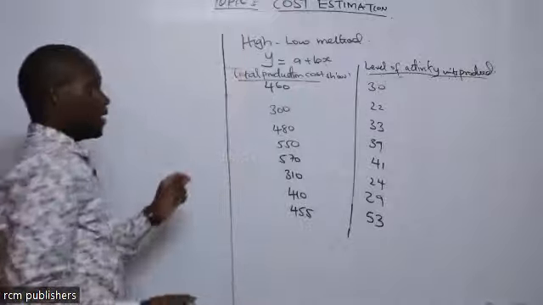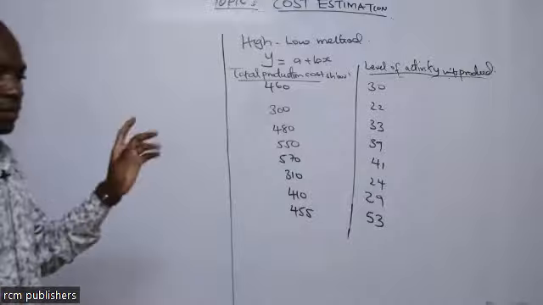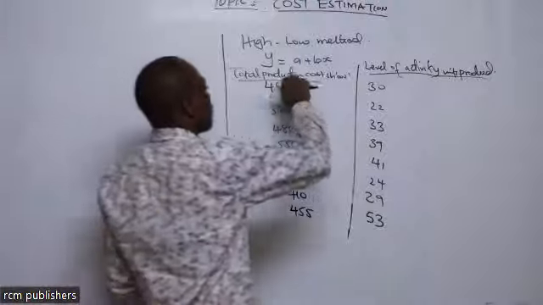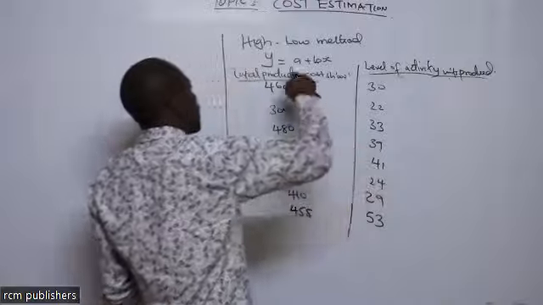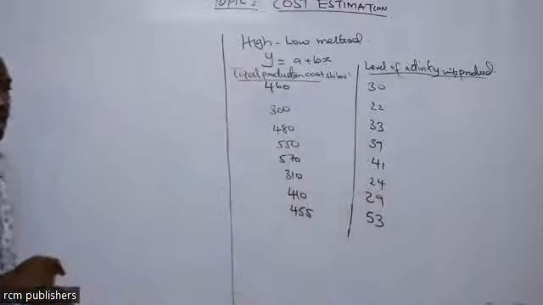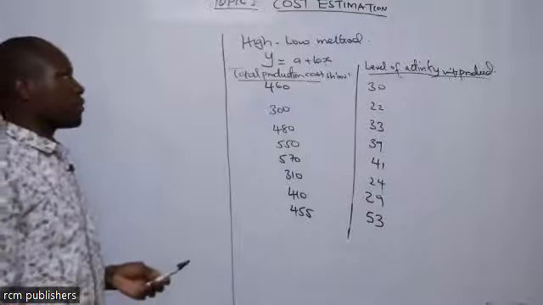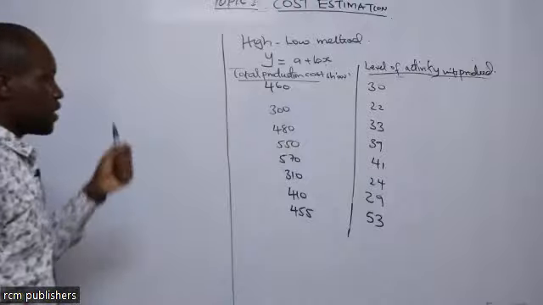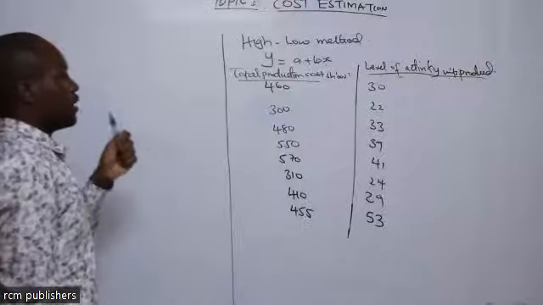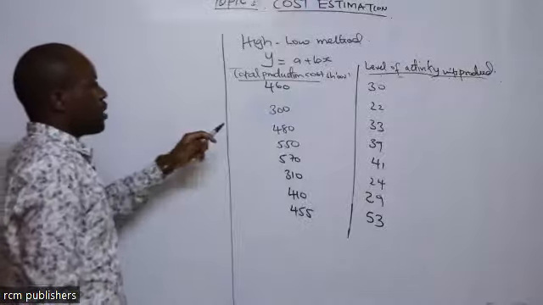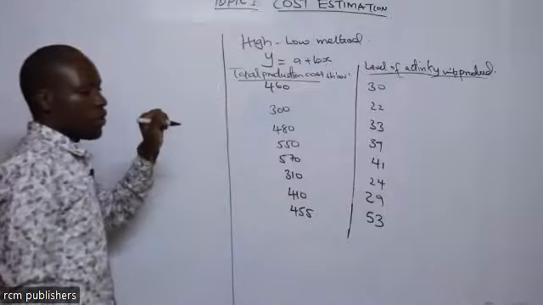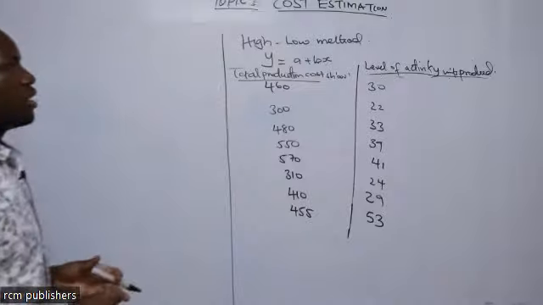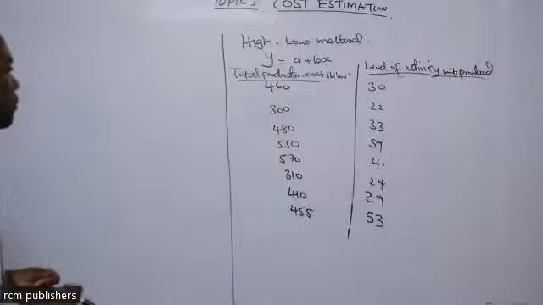So if that kind of information is given, you first of all have to convert the column titles here to either Y or X. So can someone help us identify what column are we going to change to Y and which other column are we going to change to X? And maybe give a reason if possible.